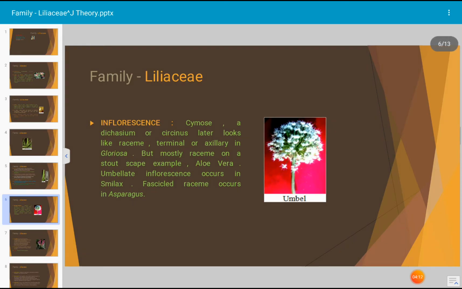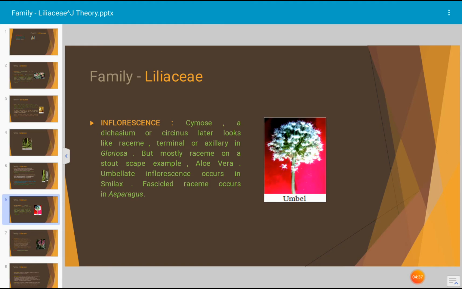Next, this is the inflorescence of family Liliaceae. In most of the plants, cymose type of inflorescence occurs, and in many plants of this family a dichasial cyme type of inflorescence occurs. What is a dichasial cyme? It is also called a biparous inflorescence.